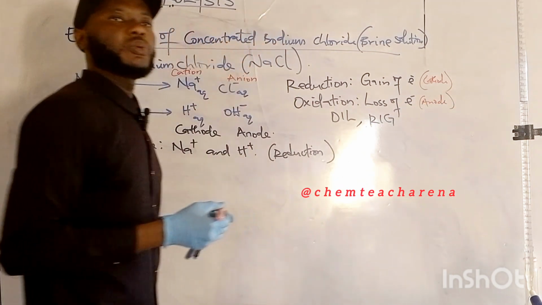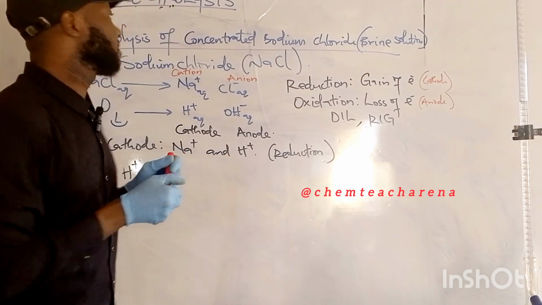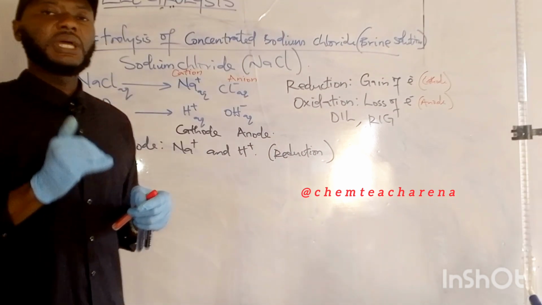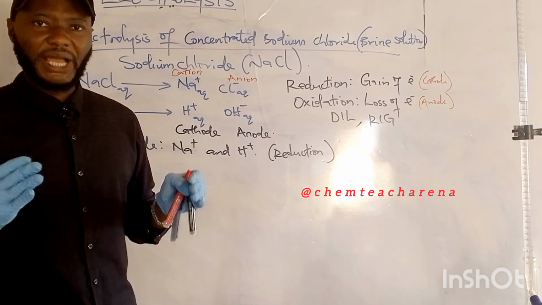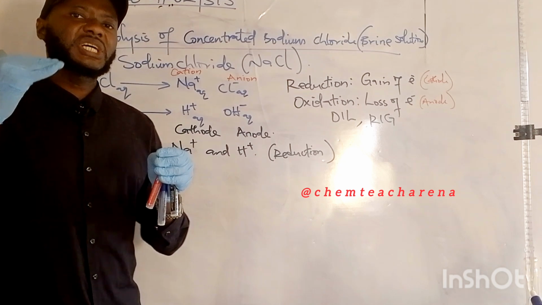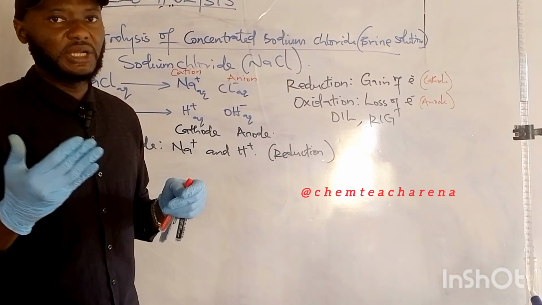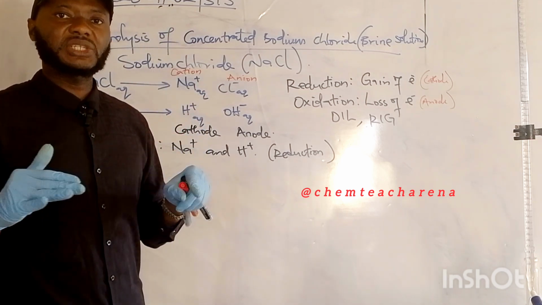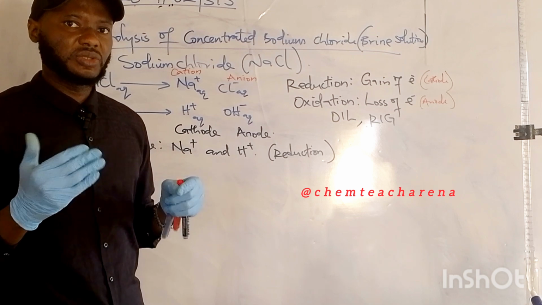This is because we have what we call electrolytic reactions, from the word electrolyte, from the word electrolysis. Electrolytic reactions are redox reactions because they involve the transfer of electrons. Do you understand that now?